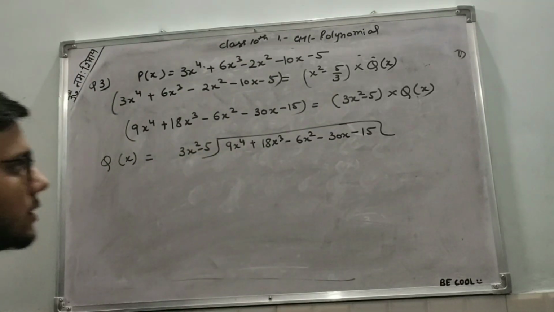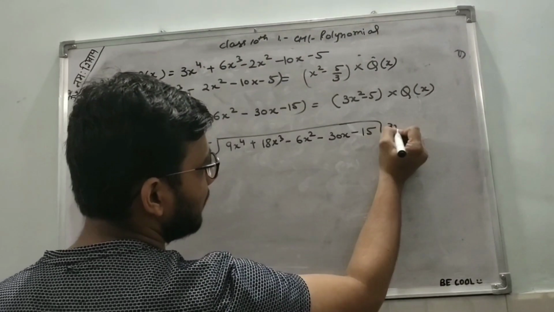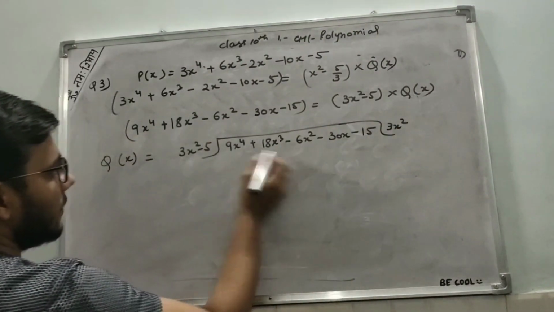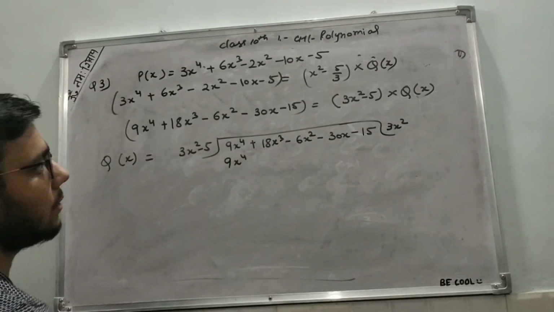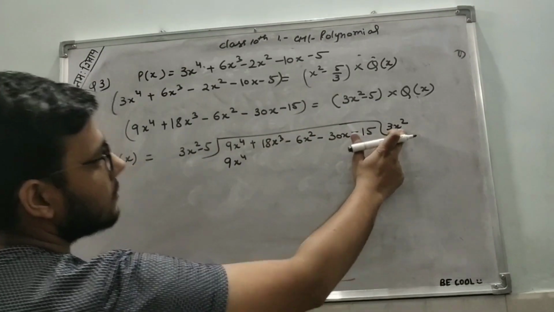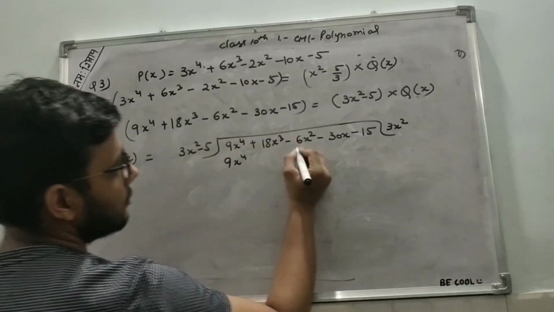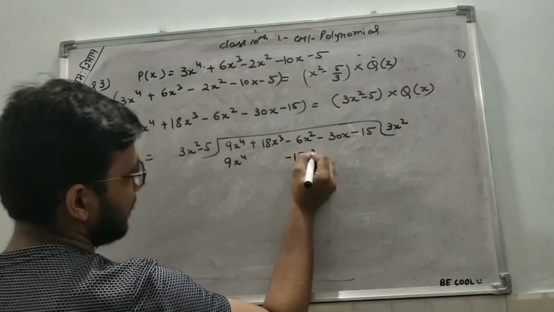So it makes 9x^4. Multiplying 3x^2 by -5 gives -15x^2. So we write it here.